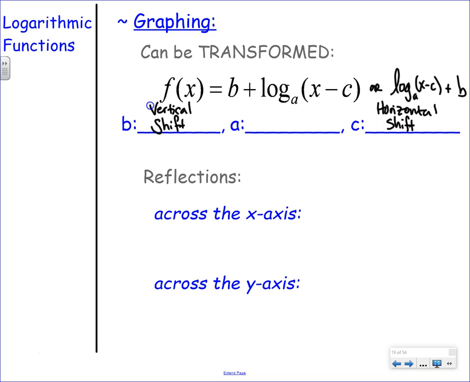We didn't really talk about this one as much, the A. But let me just give you a little visual for A really quickly. A is the base. If I was to do, for instance, log base 2, I would have the point (2, 1).